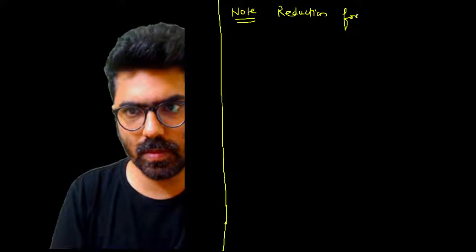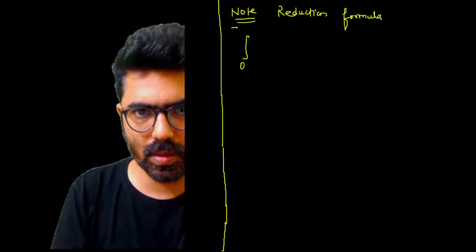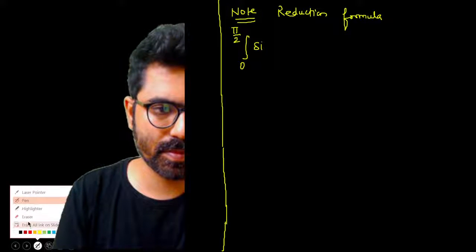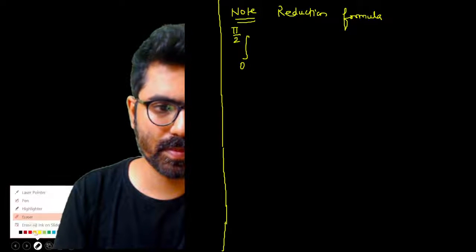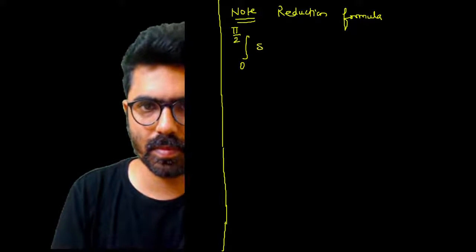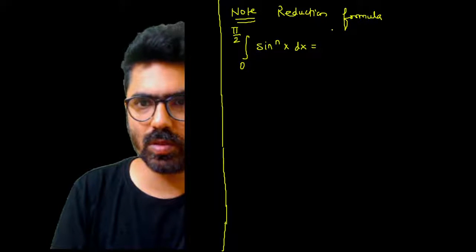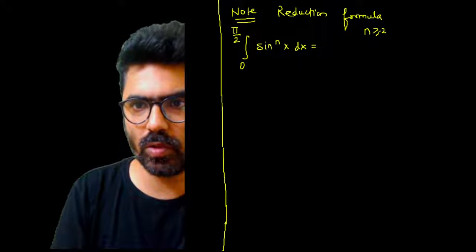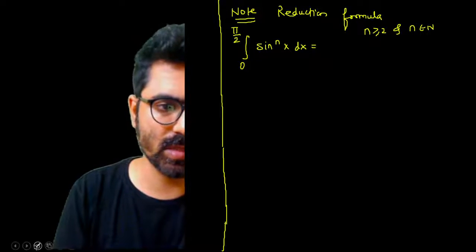Reduction formula. The integral from 0 to pi by 2 of sine power n x dx. Here n should be greater than or equal to 2 and a natural number. That is important.